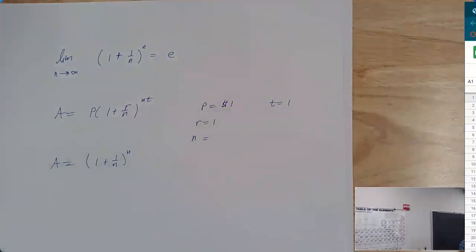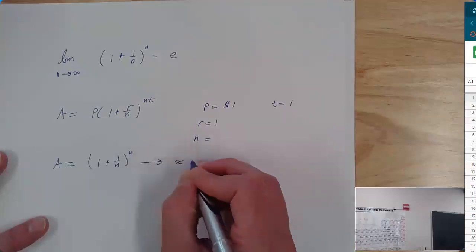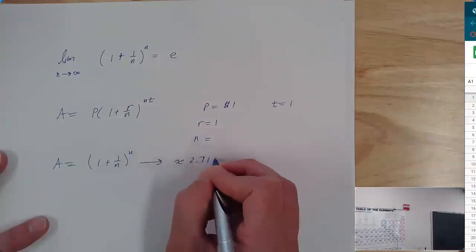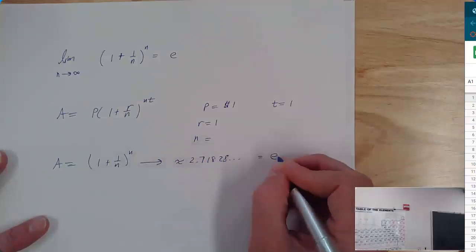If I compound interest twice, you're going to owe me $2.25, because I'll earn 50% of the interest halfway through, 50 cents, and then another half of the interest on the $1.50 I already have, 75 cents, 25. The point is that as n gets larger and larger, and I do encourage you all to graph this sometime, you will see that the values get closer and closer to approximately 2.71828, aka e.